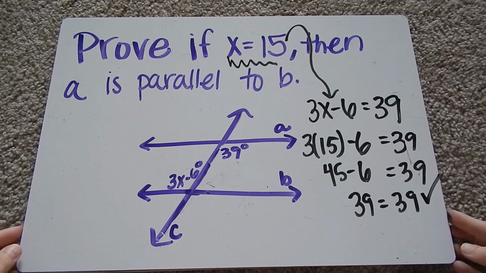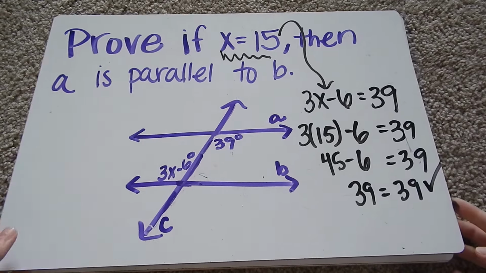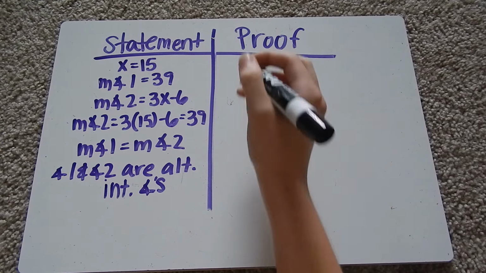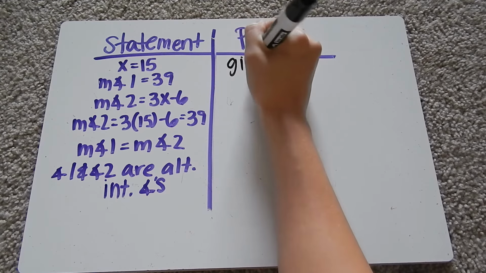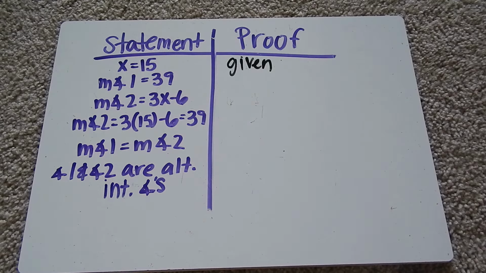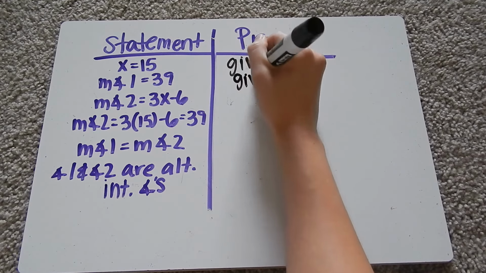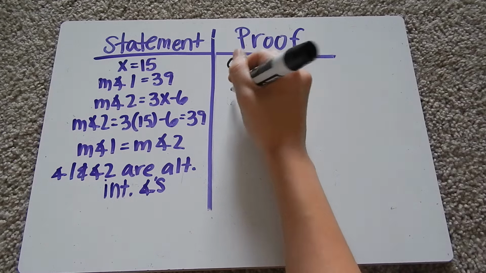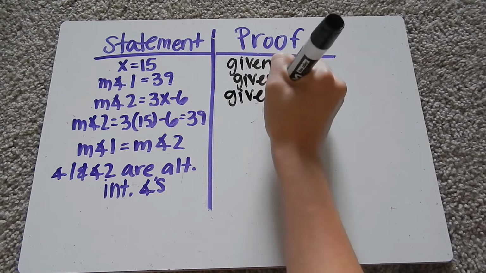Now let's write our formal proof. So just like in the last example, I already have the statements written out. The first one is x equals 15. That was given to us in the problem. The second one is the measure of angle 1 is 39. That was also given to us. It was already labeled on the picture. The third one is the measure of angle 2 equals 3x minus 6, also given to us in the picture.